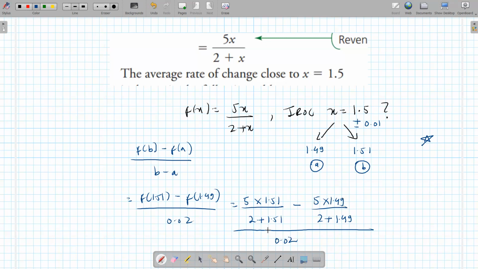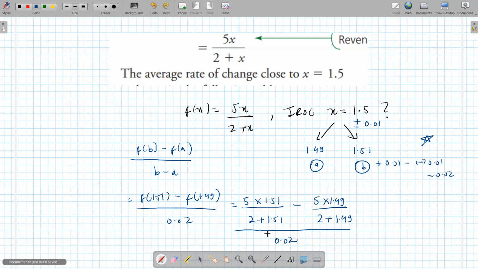Your denominator, if you use this b minus a process, will always be 0.02, because 0.01 positive take away negative 0.01 will always be 0.02. So this will be a constant if you use this method.